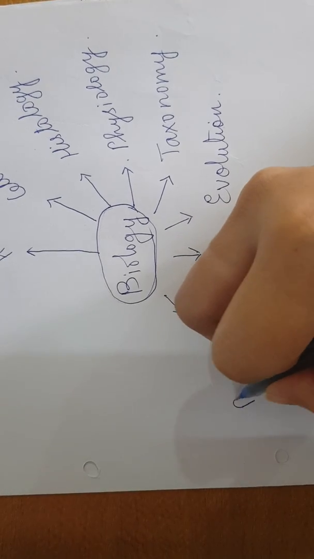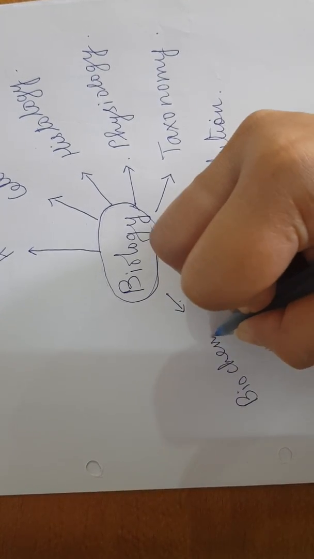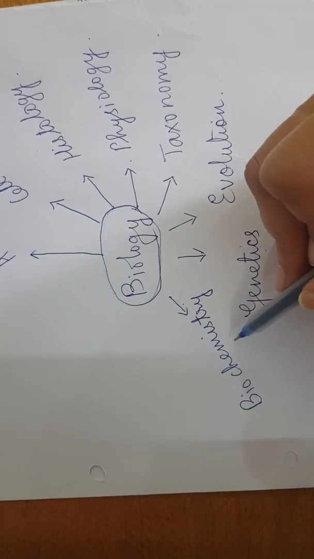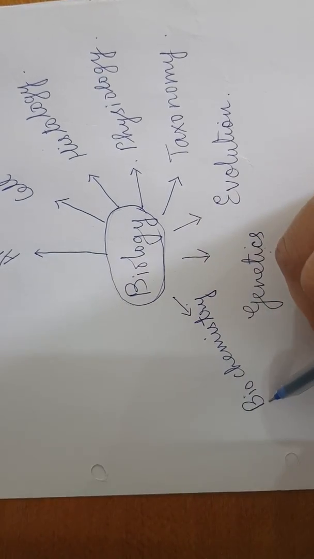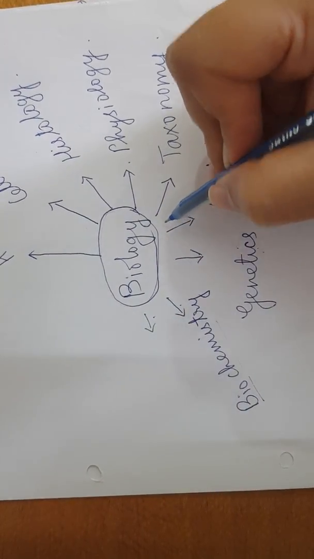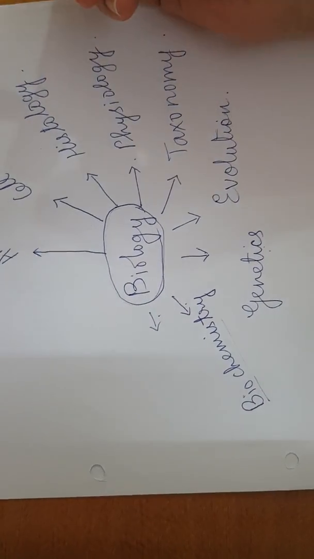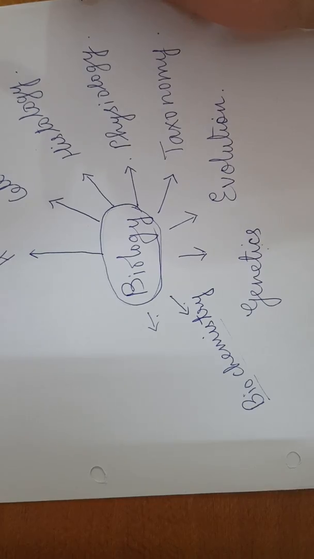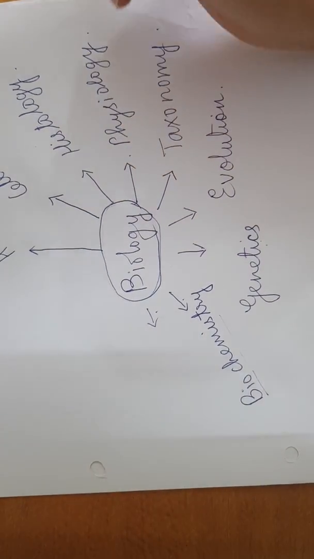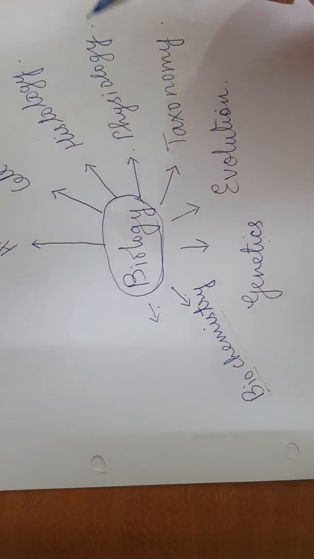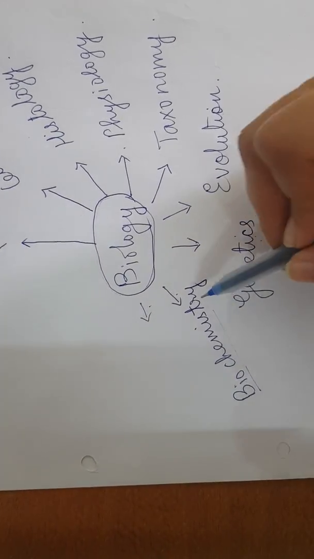Then we have biochemistry. This subject is a fusion of two different subjects, biology and chemistry. Each and every living organism, each and every part of our body is made up of atoms. They combine together to form different molecules, and then they interact with one another to form different kinds of products. The study of that particular area of biology is known as biochemistry.